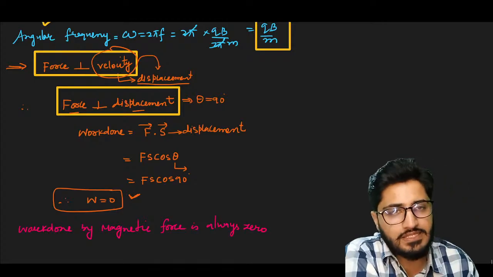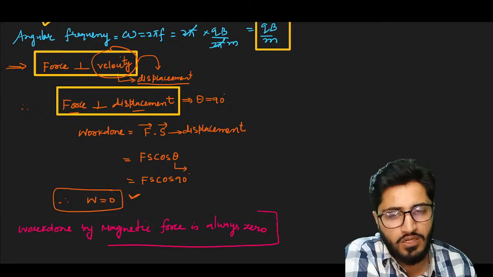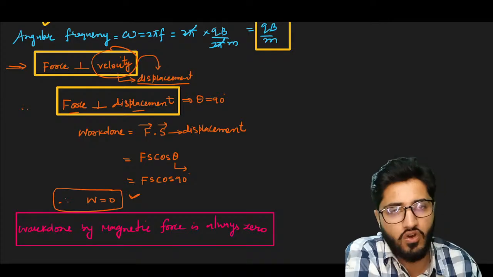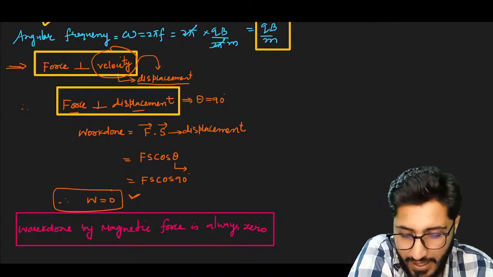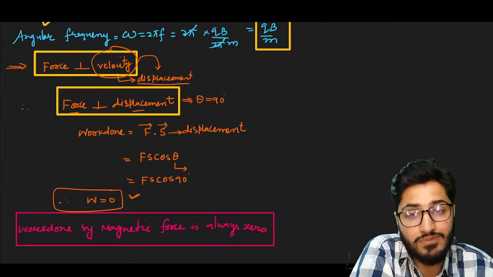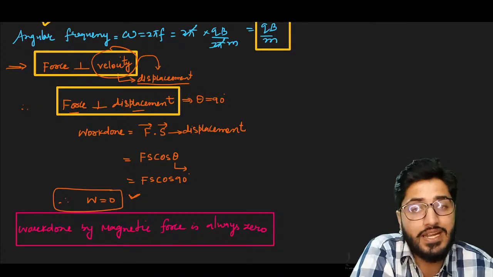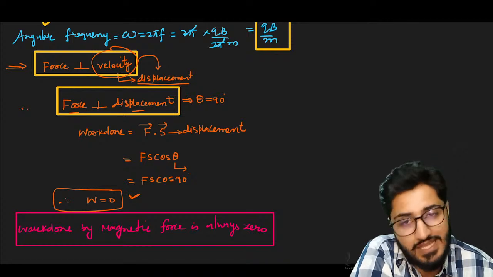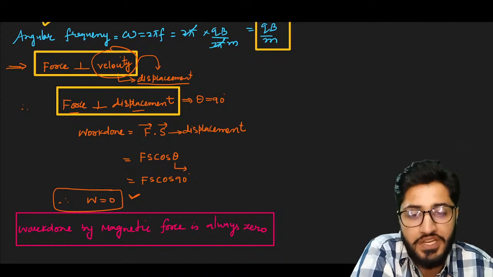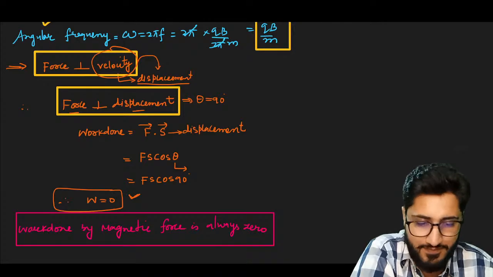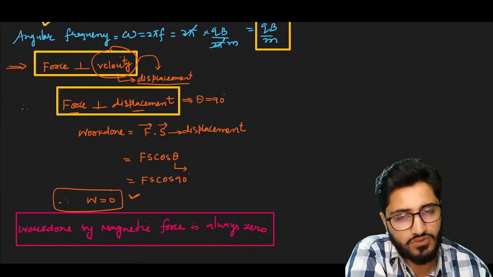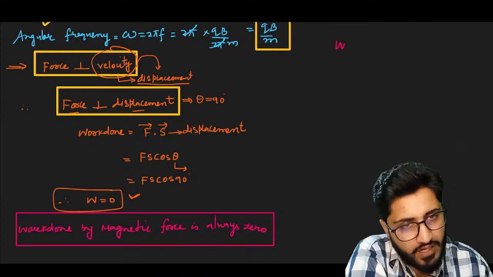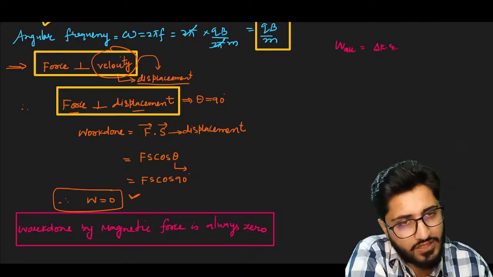So by this simple statement, you conclude that your magnetic force cannot increase or decrease the speed of your particle. If your particle is moving inside any magnetic field, it will go with a uniform motion with the same speed, no alteration in speed. Do you know why? Work done by all forces equals change in kinetic energy.